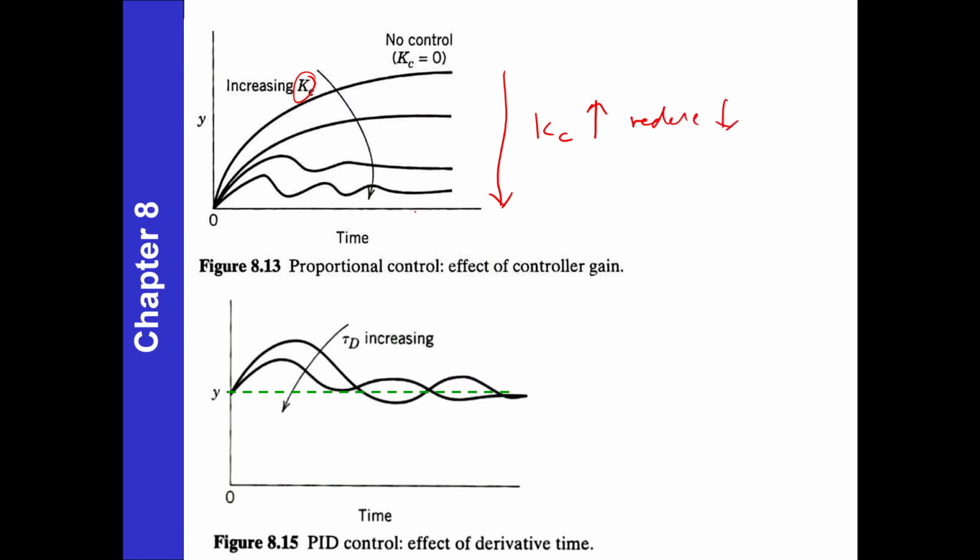But it will never touch the set point because it has an offset here. Also, when KC is increased, the response starts to oscillate. So increasing KC, the response is less sluggish. Sluggish means slow or far from the set point.